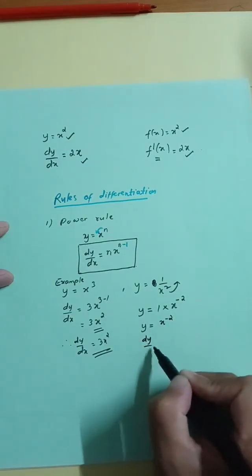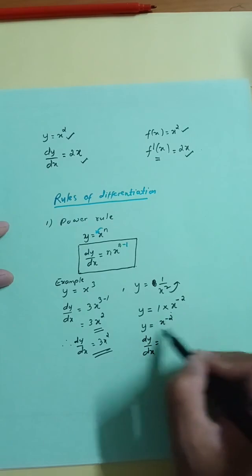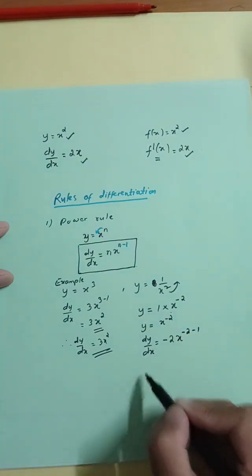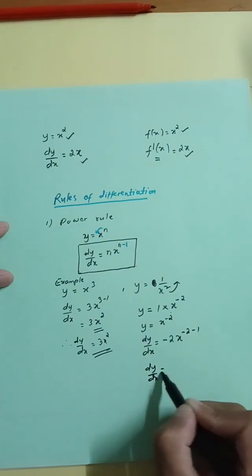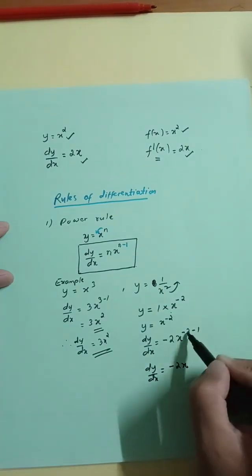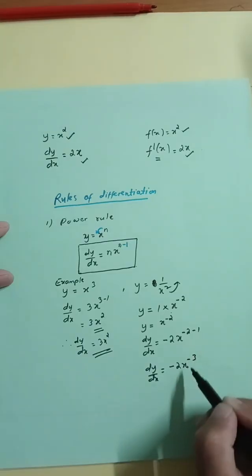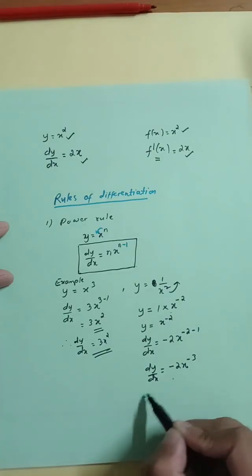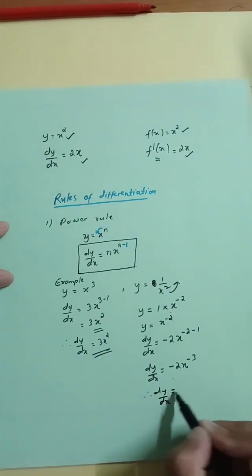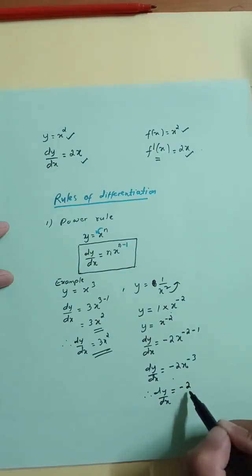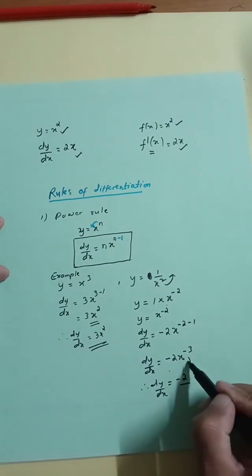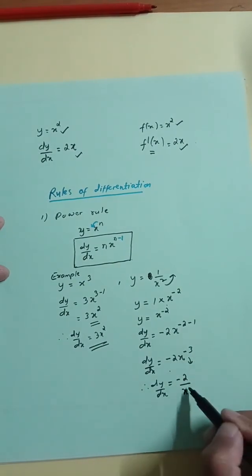Now what is your dy over dx? The exponent is negative 2, so dy over dx is negative 2 times x raised to negative 2 minus 1, which is negative 3. Therefore my dy over dx is negative 2 divided by x cubed, since x raised to negative 3 in the denominator becomes positive 3.